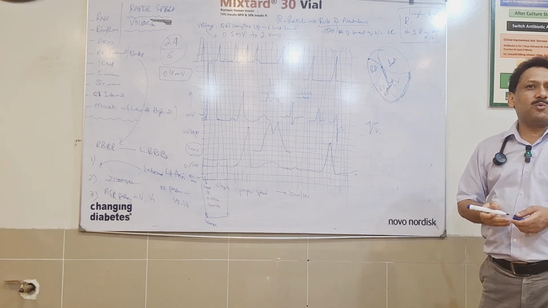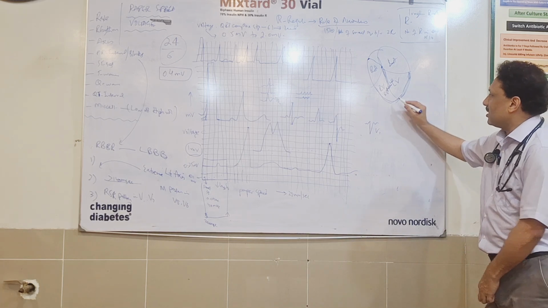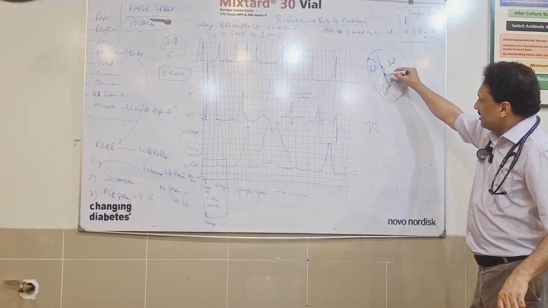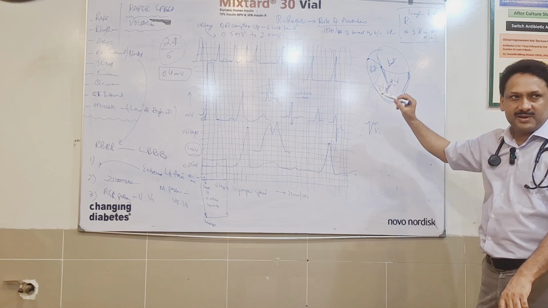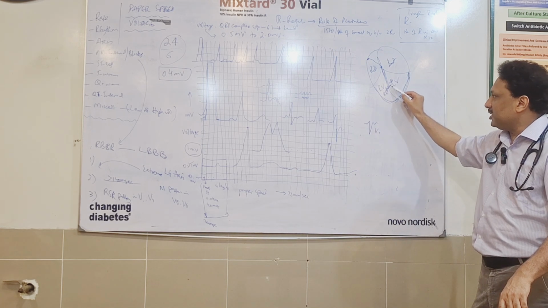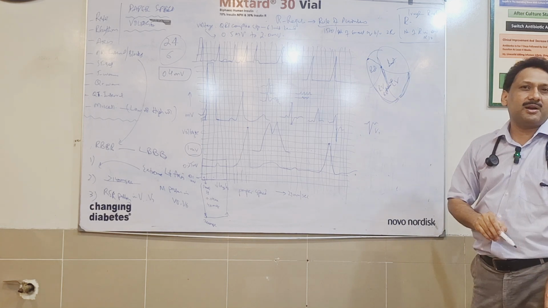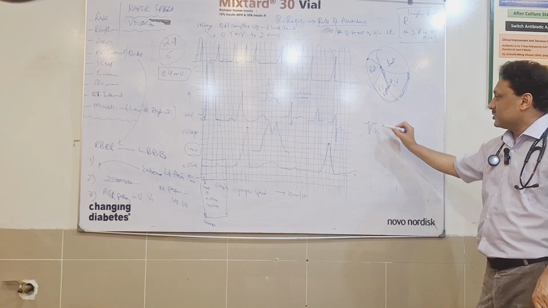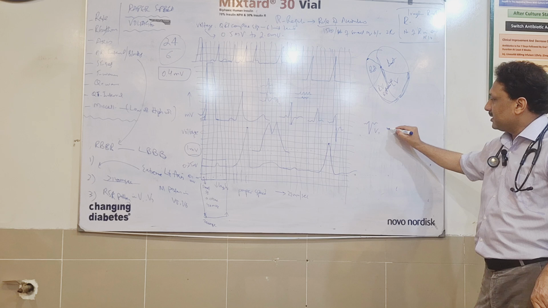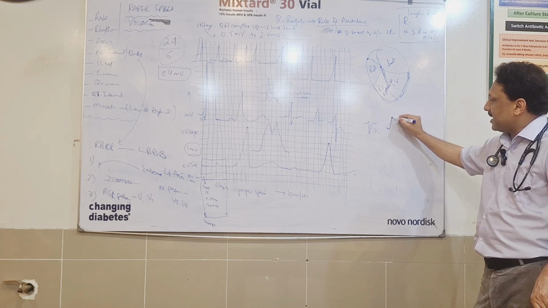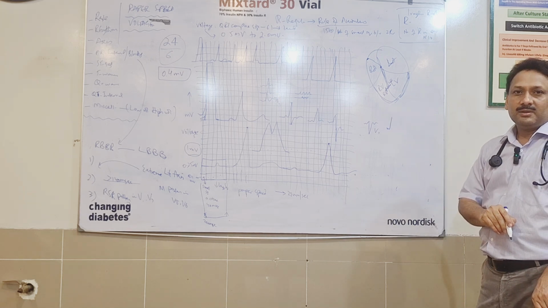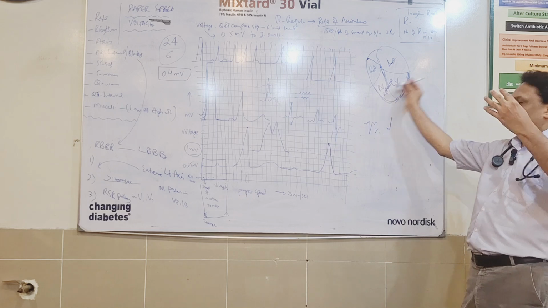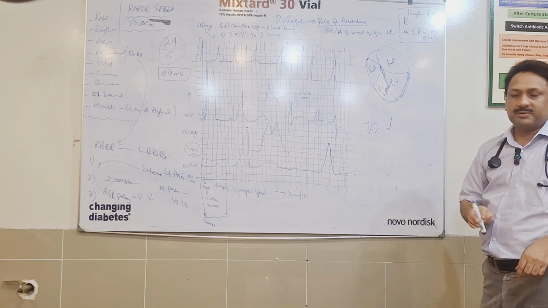In the setting of block, what will happen? Now the current is coming through the bundle of His, not going to the right ventricle, but instead going to the left ventricle. So the picture will be entirely changed, and now there will be a wave like that, because the current is now exactly opposite, going in the other direction.